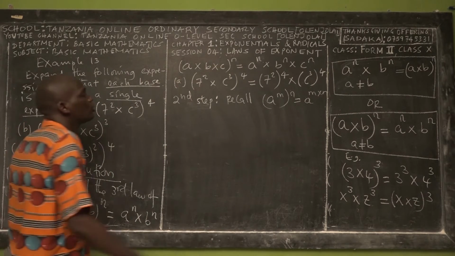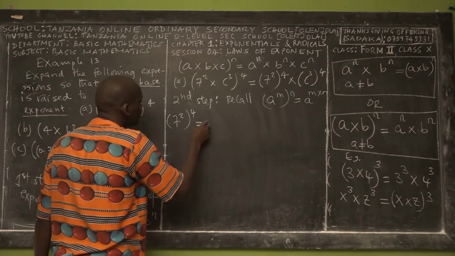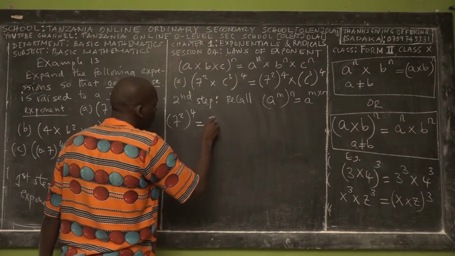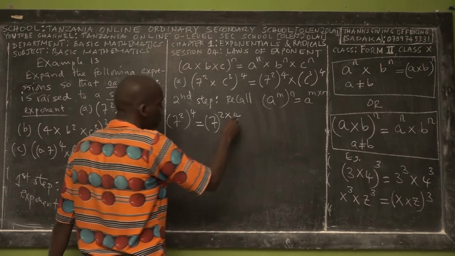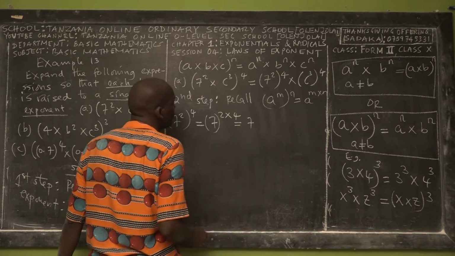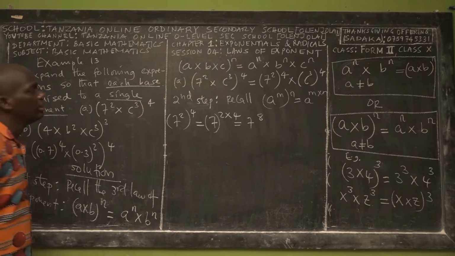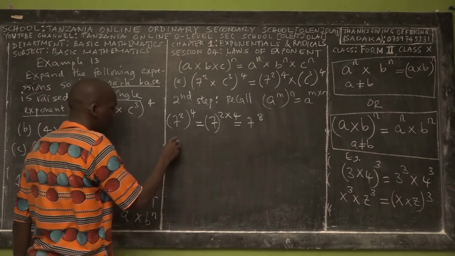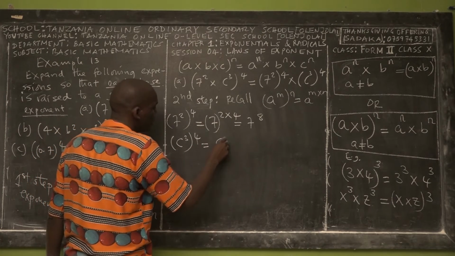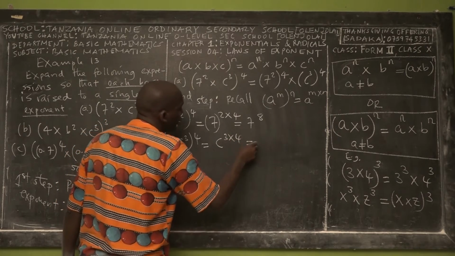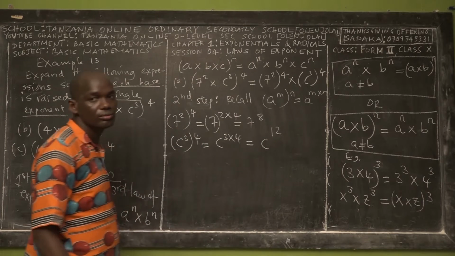So if we start with 7 power 2, then exponent 4, applying this law, it is equal to 7 power 2 times 4, which is 7 power 8. If we take c power 3, but outside you have exponent of 4, this is equal to c power 3 times 4, and 3 times 4 is 12. So this is c power 12.